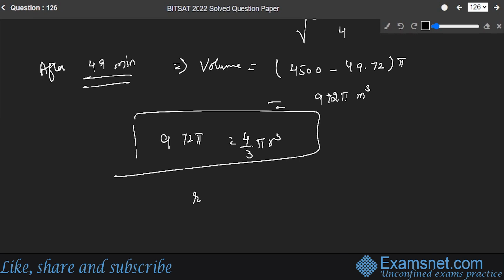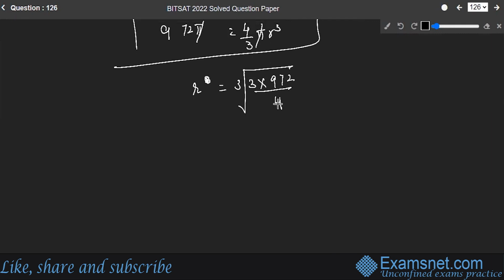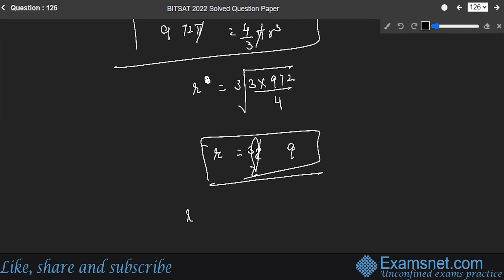Pi will cancel, and you will have r cube equal to 3 into 972 divided by 4, under the cube root. This is equal to r. On solving, the radius will come out to be 9. Writing it again, radius is equal to 9 meters.